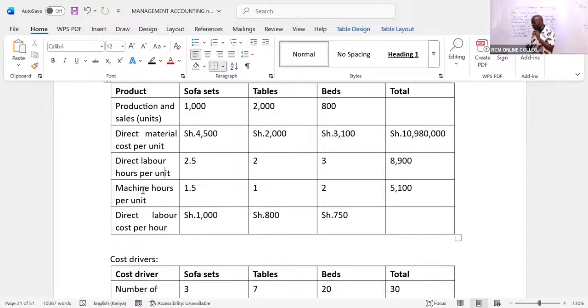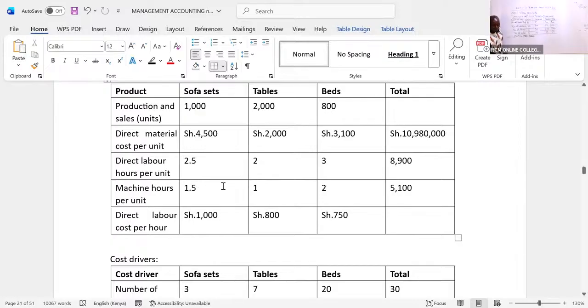So whenever you hear per unit, they want you to multiply the numbers given with the volumes. So the first one is 1.5 machine hours, but because that is for 1 unit, times what here, somebody? 1,000.